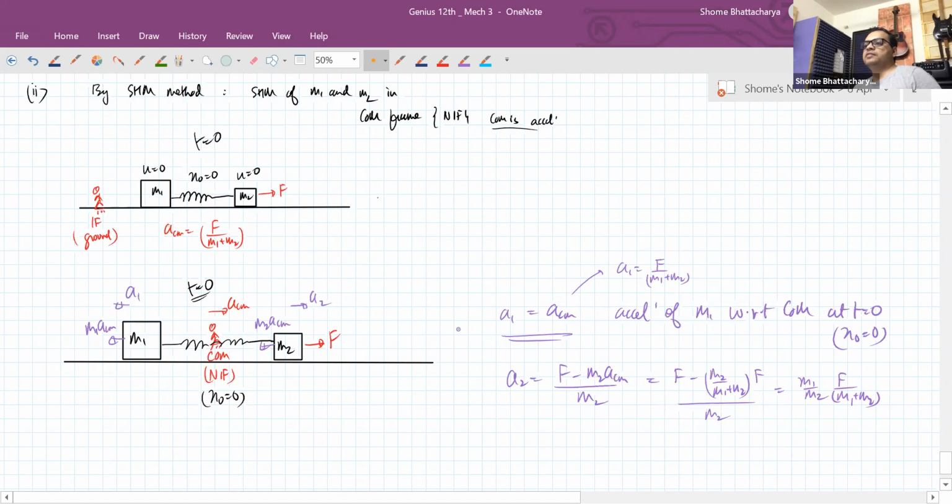But remember, this is relative acceleration. Okay, these two, they are relative to CM, these accelerations.